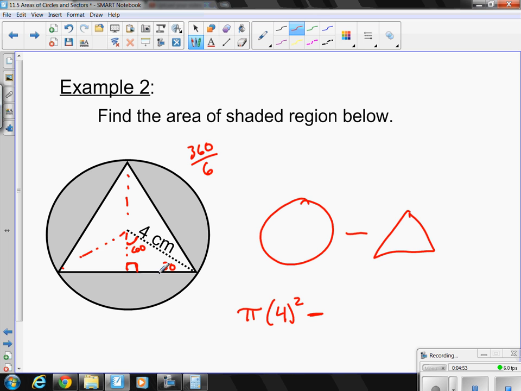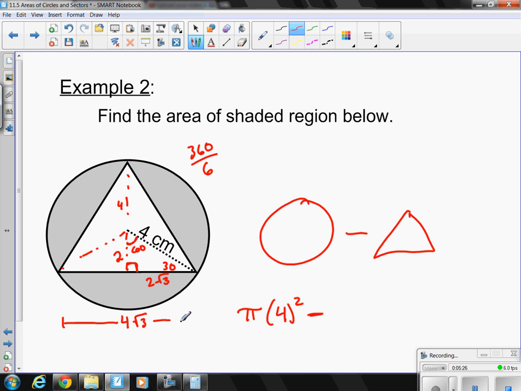So using my special formulas, if this is 4, I know that's 2. And if this radius is 4, this radius is also 4. Now this side length is 2 times the square root of 3, so this whole side length is 4 times the square root of 3.